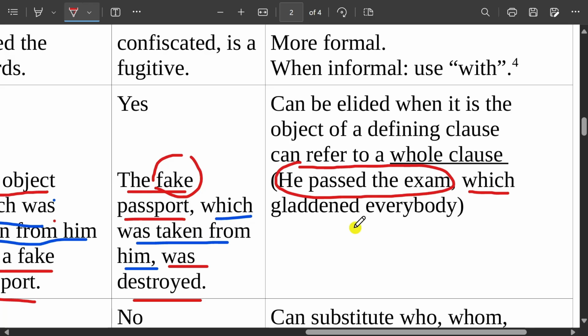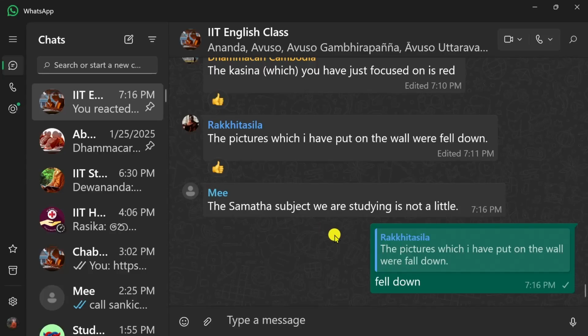Gladden is to make glad, to make happy. Gladdened. Which referring to an entire clause. I'll make a sentence myself.